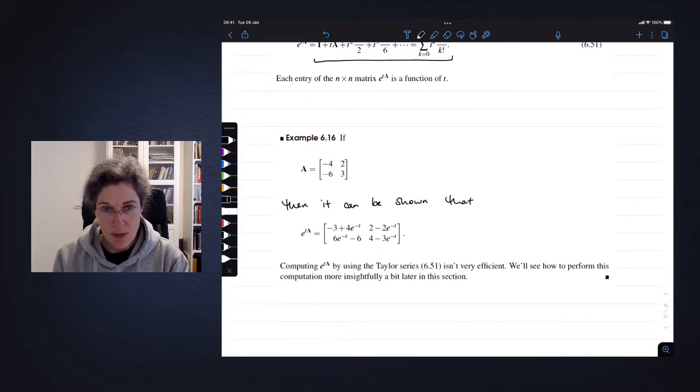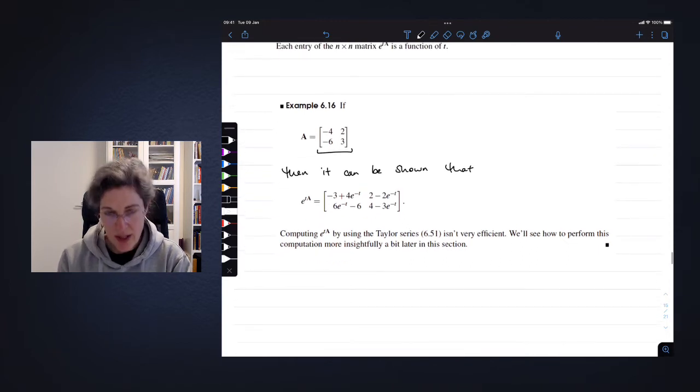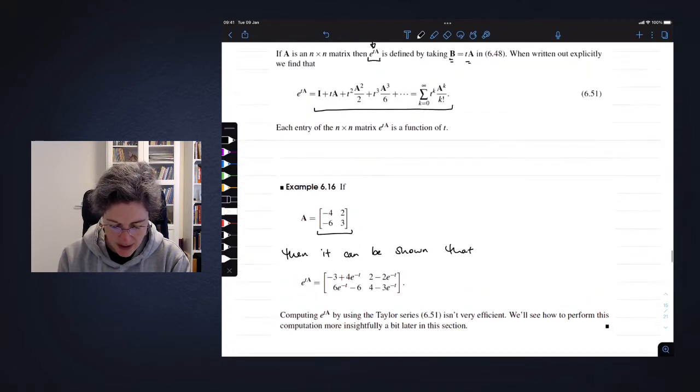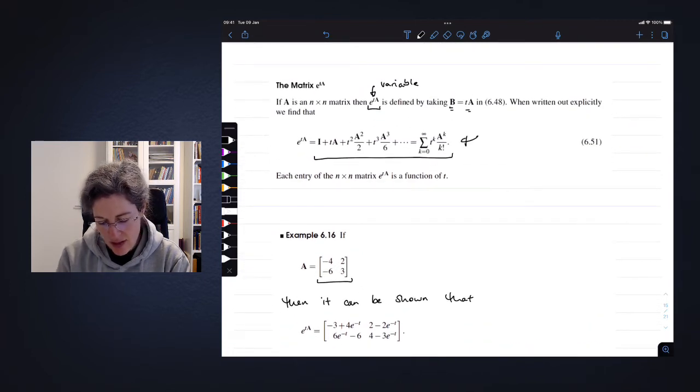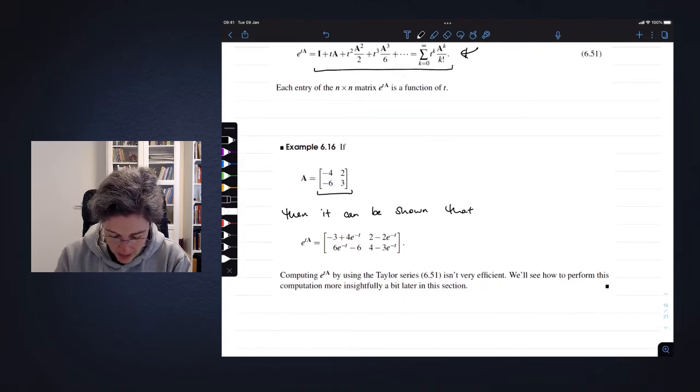How does this help? Well, if our matrix is A that we've got here, then it can be shown that, and we're not going to go through it, but by either tediously working through the Taylor series or using a computational technique, you can show that e raised to the power t times A is this thing over here.